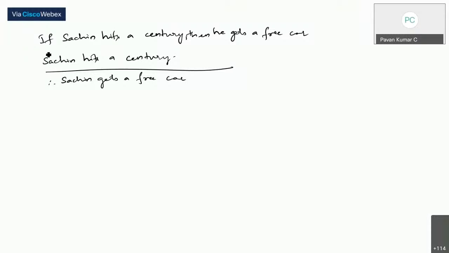What I will do is represent that symbolically first. I will assume that P indicates Sachin hits a century, and Q indicates that Sachin gets a free car.